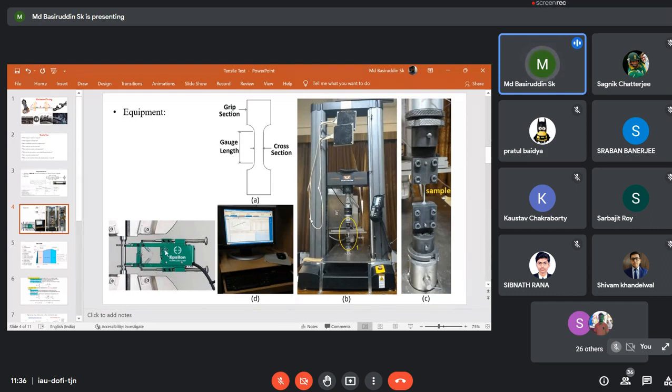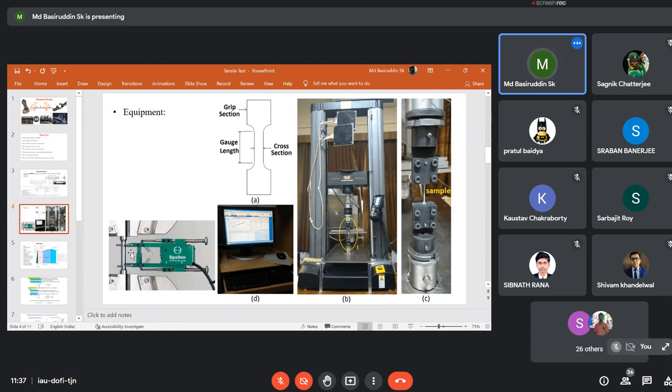Now, one extra thing you can use is the strain gauge. You generally find the strain gauge looking like this. The purpose of using this strain gauge is to measure the displacement very accurately. This strain gauge is very expensive. The limitation is that it can measure the strain only up to a limit, because the gauge displacement is restricted.